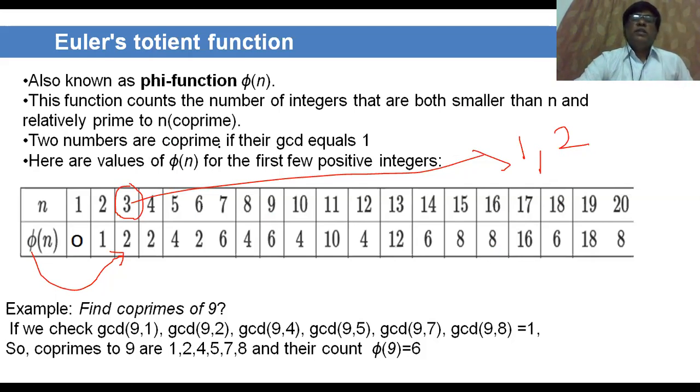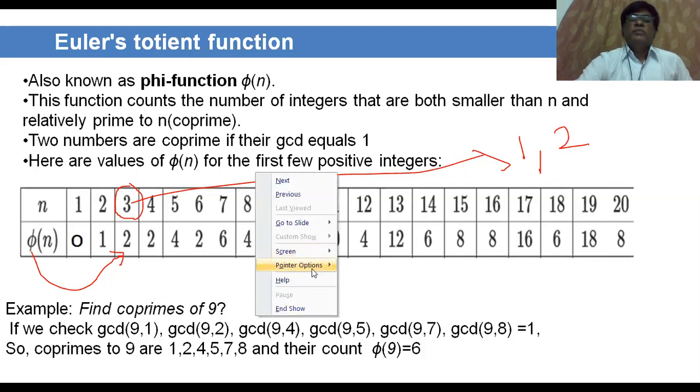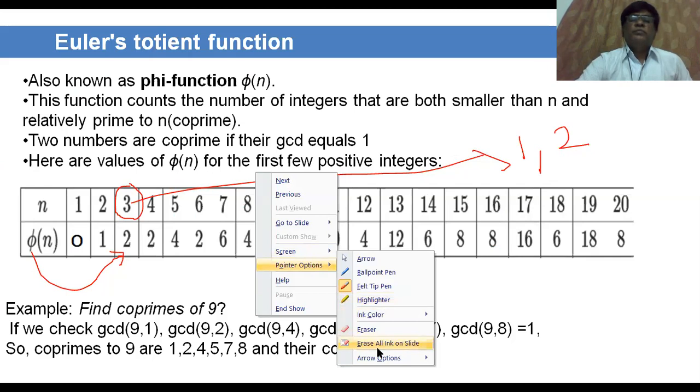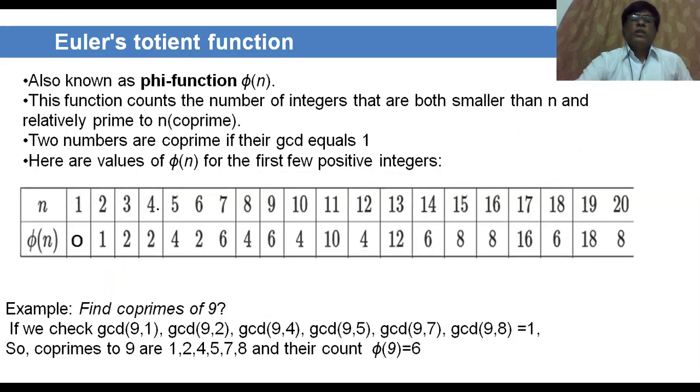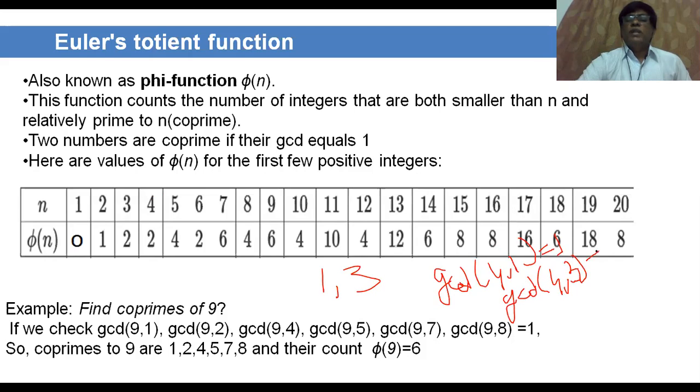And what are the co-primes of 4? Number 1 and number 3 are the co-primes of 4, because GCD of 4 and 1 is 1 and GCD of 4 and 3 is also 1.